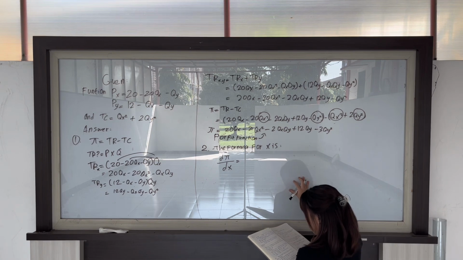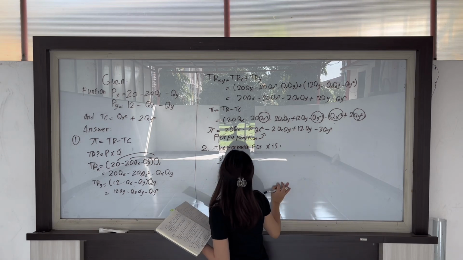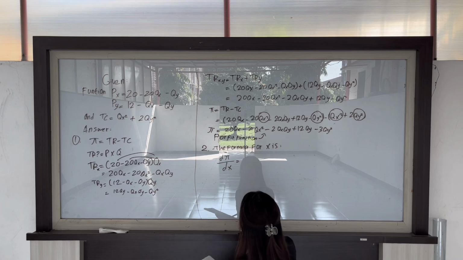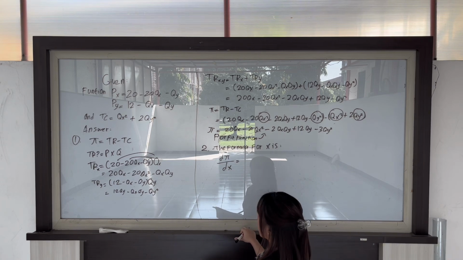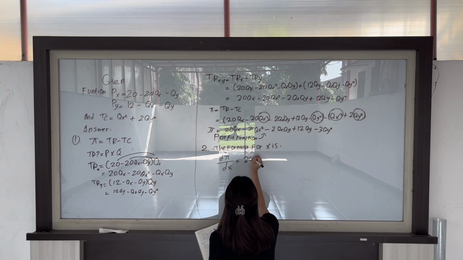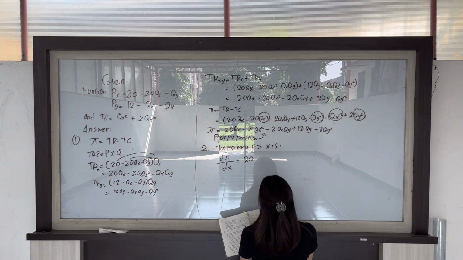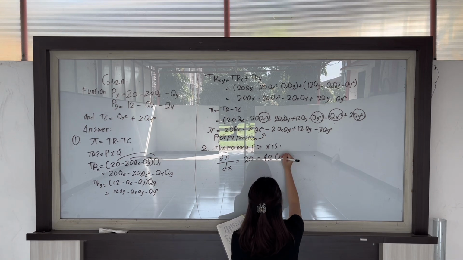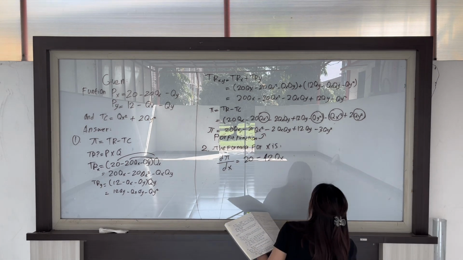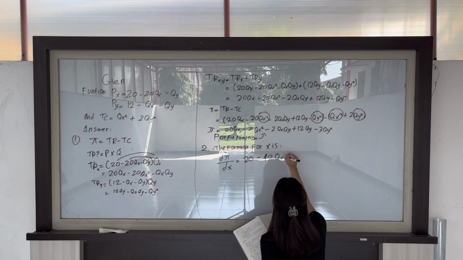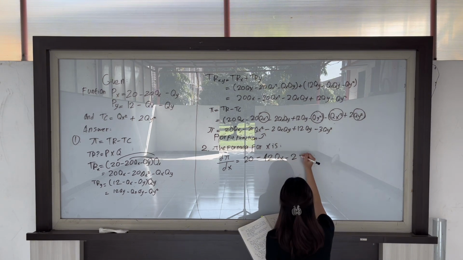If it's only the y variable, the result will be 0. In this function, we look only at the Qx terms, and the result is 20 minus 42Qx minus 2Qy.